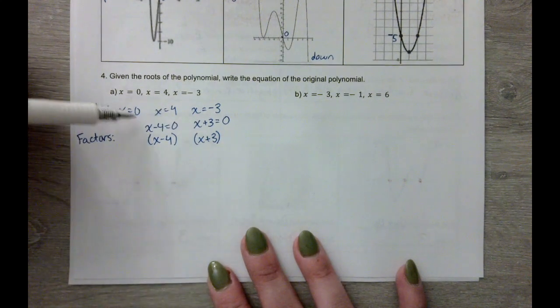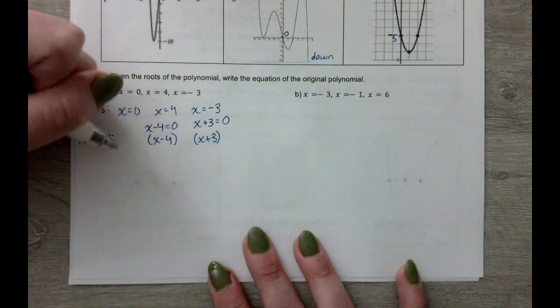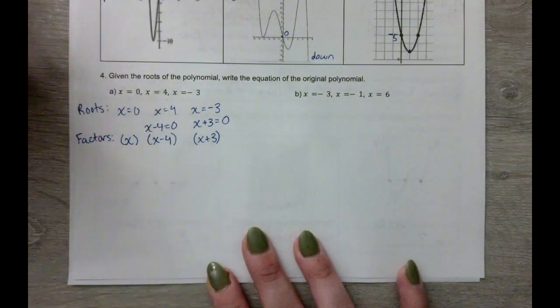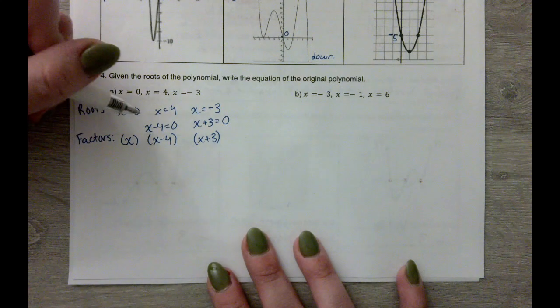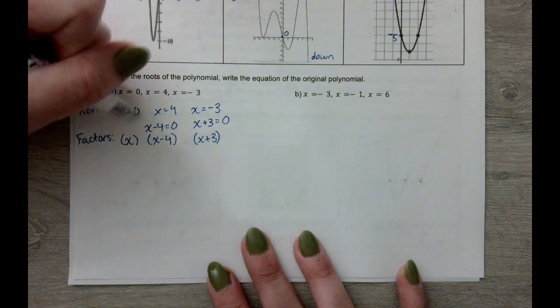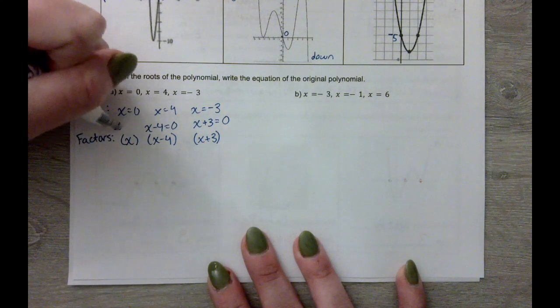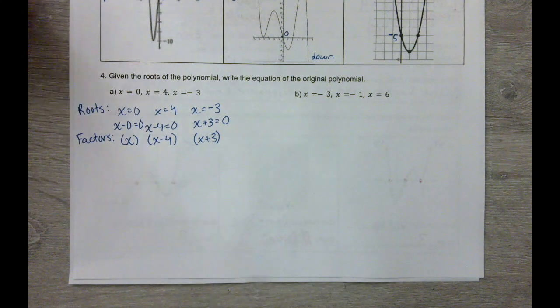Now with the 0, it doesn't matter how you do it. I'll go ahead and show you that it ends up just being an x, if you remember. That's because it's already equal to 0, so you don't need to move it. But if you were to move the 0, it would, if we subtract it over, look like x minus 0 equals 0, which looks kind of silly when you think about it.